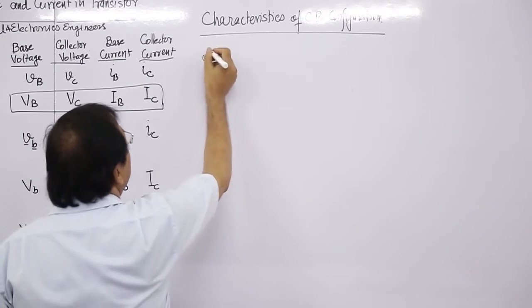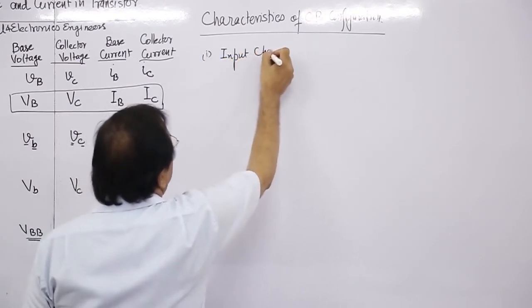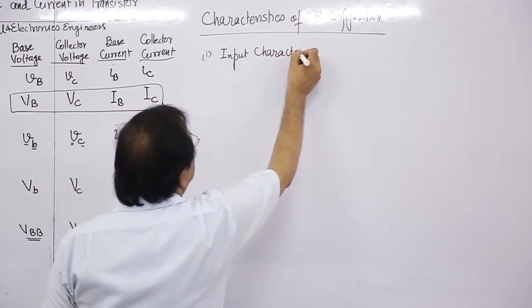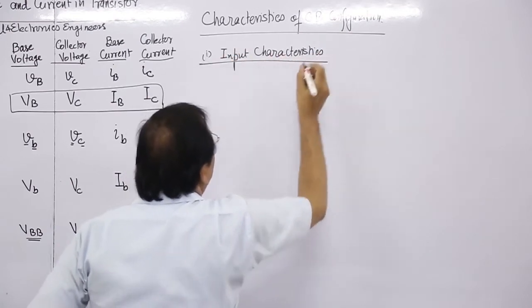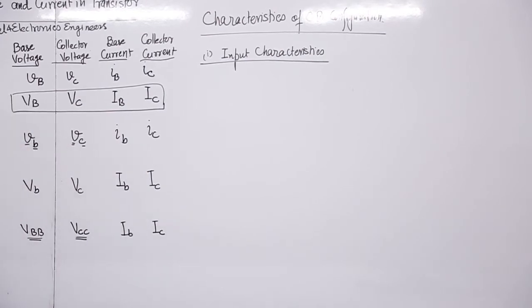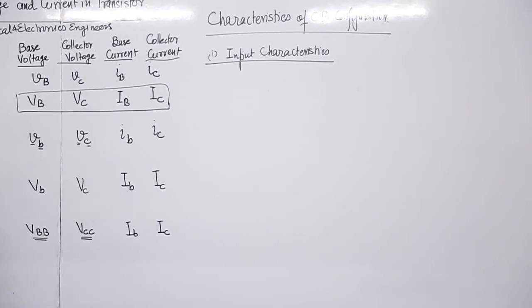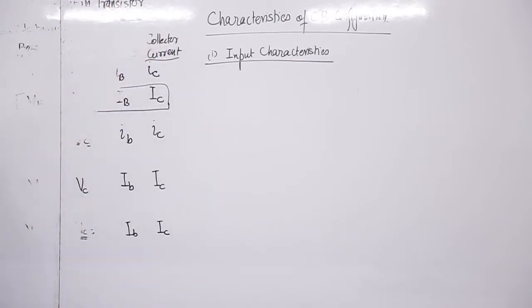First is input characteristic. For this input characteristic, we have to draw the circuit, a practical circuit in which we are able to vary the various parameters for drawing the curve.